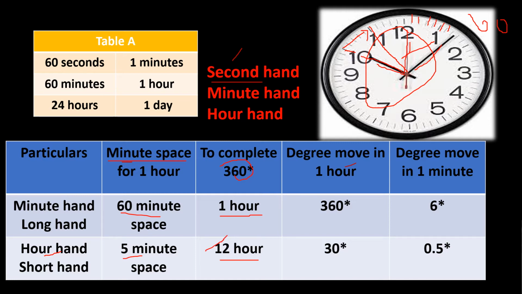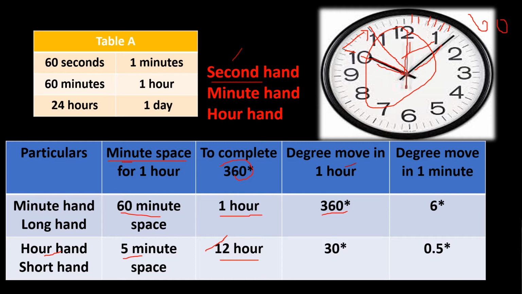Next is the degrees moved in 1 hour. We already know that to complete 360 degrees, the minute hand takes 1 hour. So in 1 hour, the minute hand goes through 360 degrees.